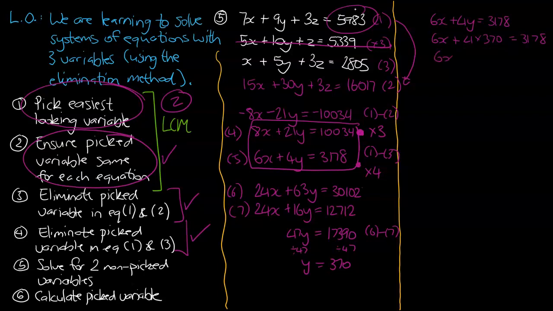So we've got 6x plus 1,480 equals 3,178. We're now going to subtract that 1,480 from both sides. That means 6x will be equal to 1,698, and now divide by 6, divide by 6. X in this case will be equal to 283. Again, it's one of those numbers that's not a nice round number, so you're kind of like, oh geez, did I make a mistake?